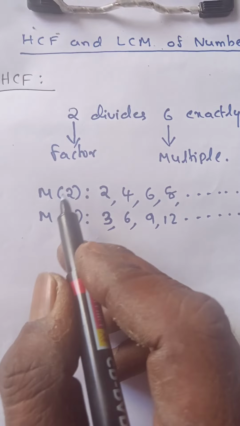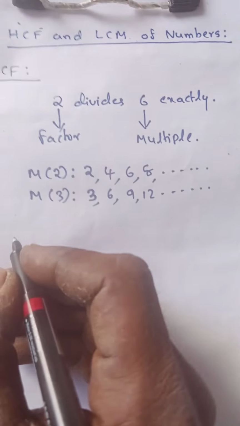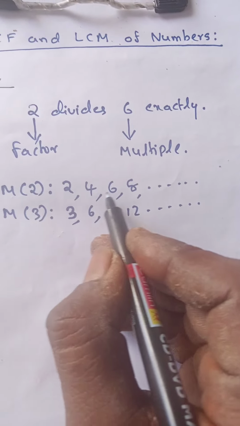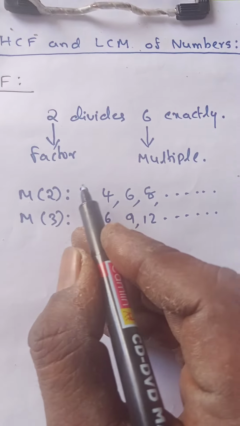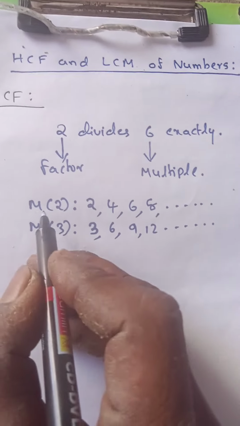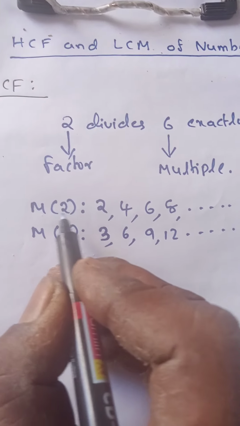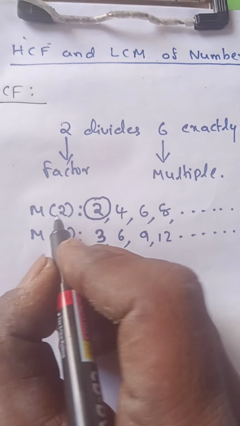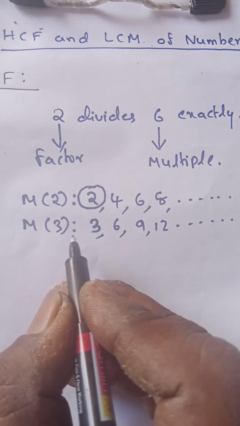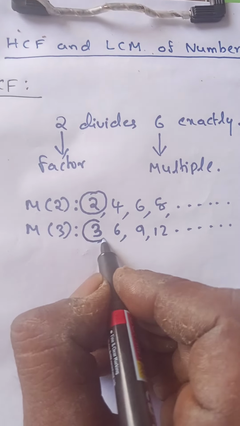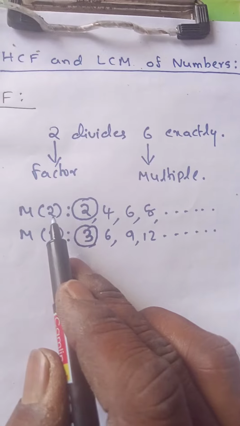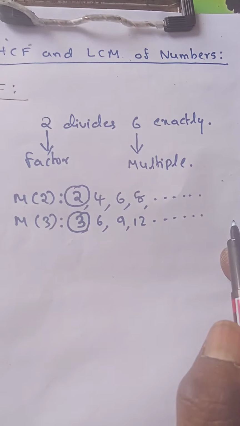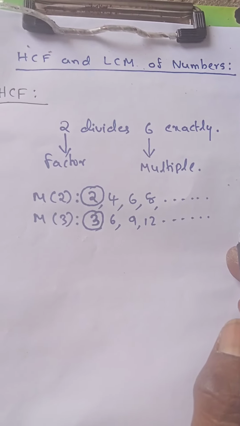For every number there exist infinite multiples. Here 2 is the least multiple of 2, and 3 is the least multiple of 3. We cannot say the highest multiple of 2 or of 3. That we need to remember.